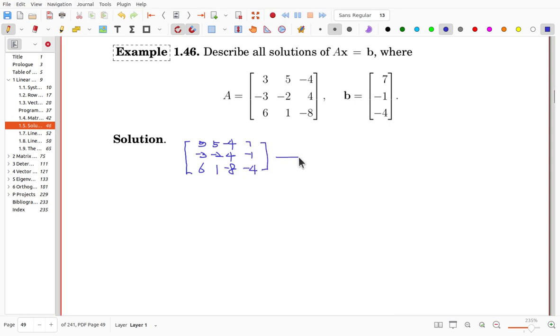From this, we can eliminate: this is the pivot, and we can eliminate this one and that one.